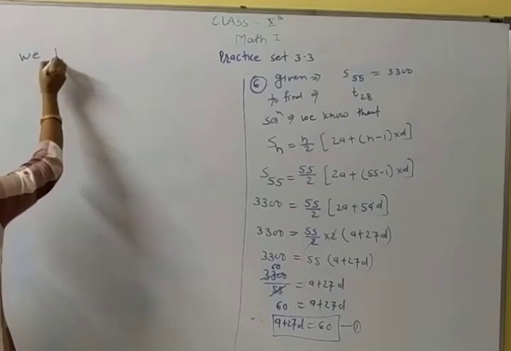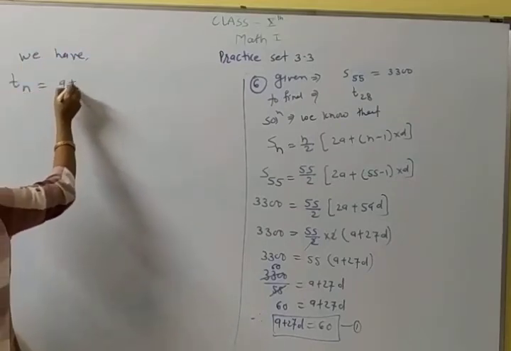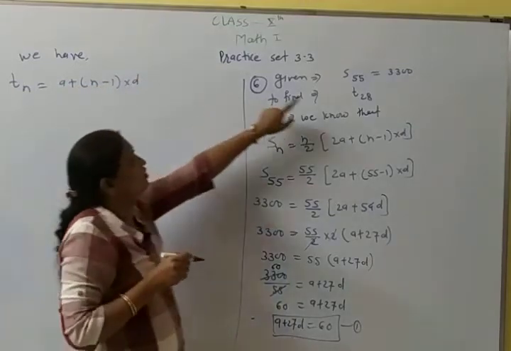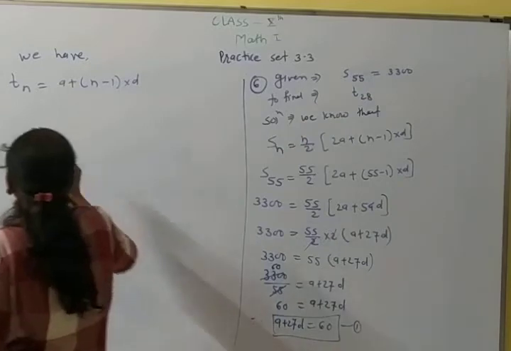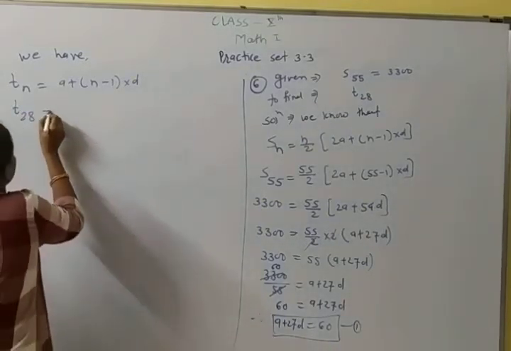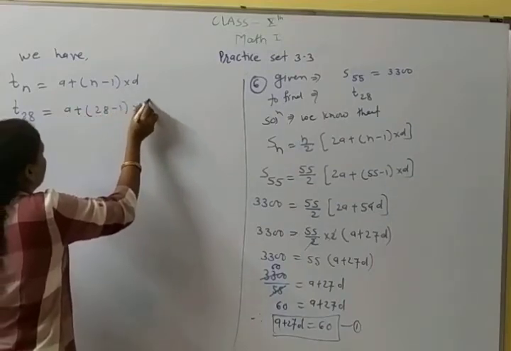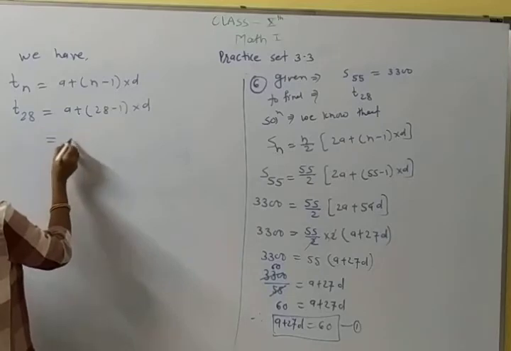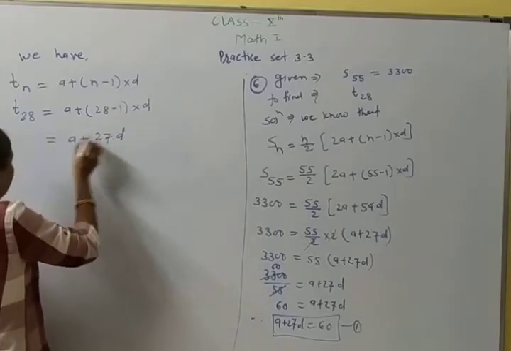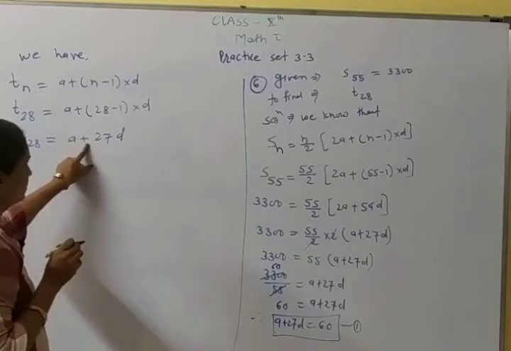Here n equals 28, so T28 equals a plus 28 minus 1 into d, that is a plus 27d. Here T28 equals a plus 27d.